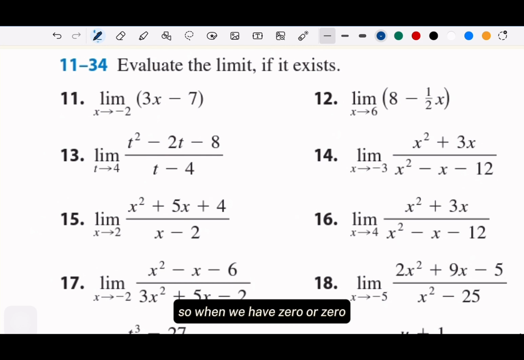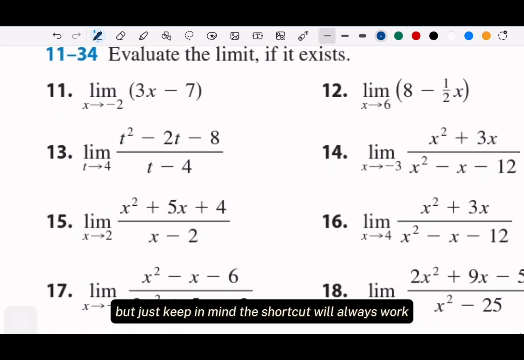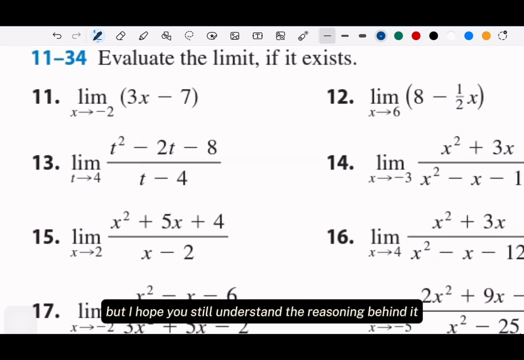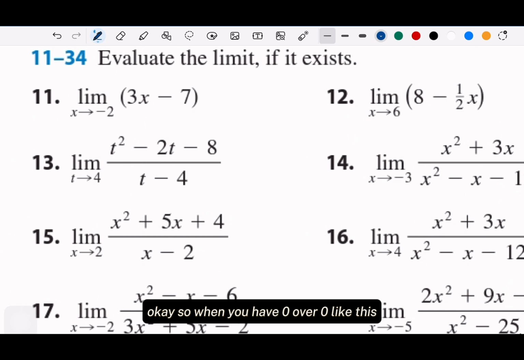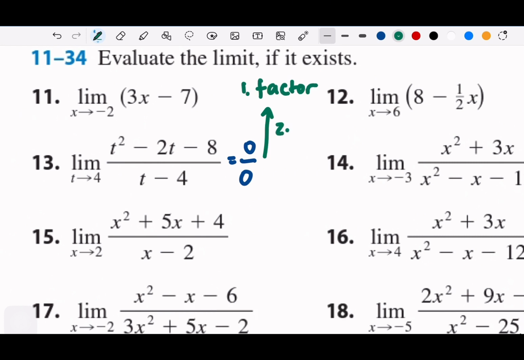So when we have 0 over 0, there's some method that you can think. Let me just give you a shortcut, but just keep in mind, this shortcut will not always work, but I hope you still understand the reasoning behind it, okay? So when you have 0 over 0 like this, first, try to factor. Second, if needed, rationalize.